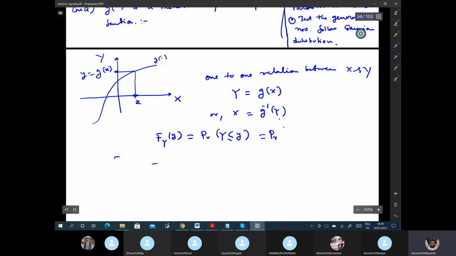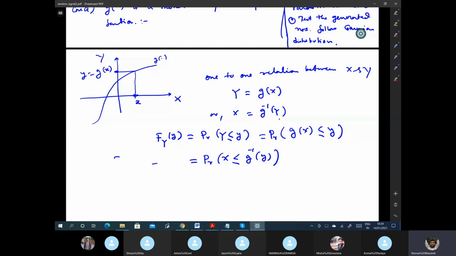That will be equal to the probability that x is less than or equal to g inverse of y, so that means F_X of g inverse y.